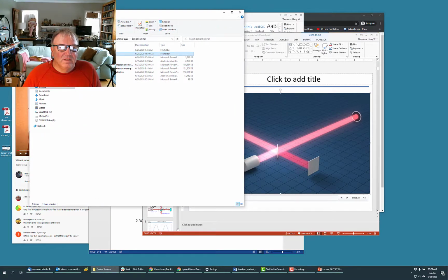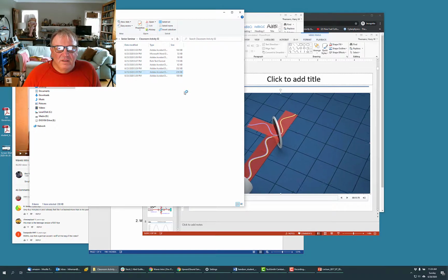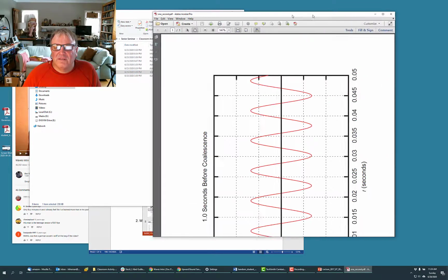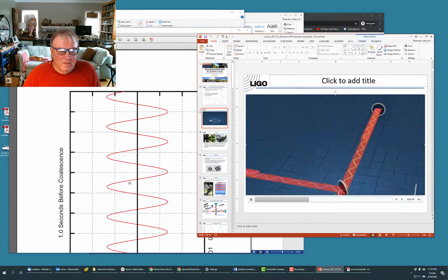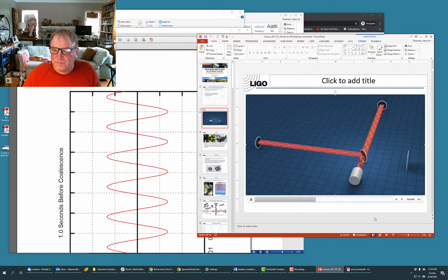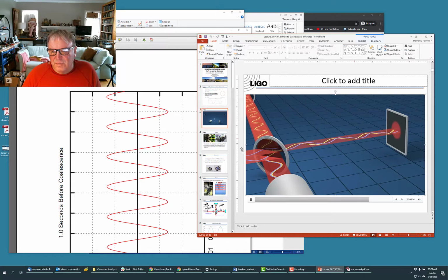Now, just a little subtlety here. And look at one of these data files. What you're seeing here in the data file is, and let's look at the screen. When it rotates, we look at the screen here on the right. So the data plot are not these sine waves. The data plot is the intensity of this spot.